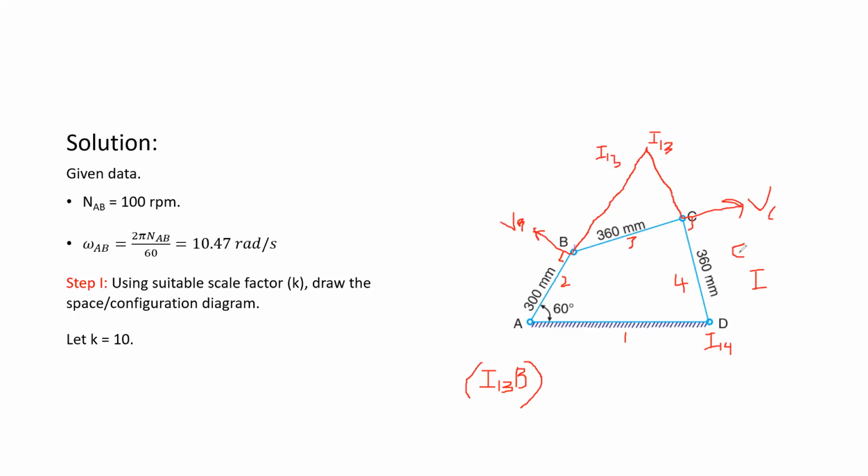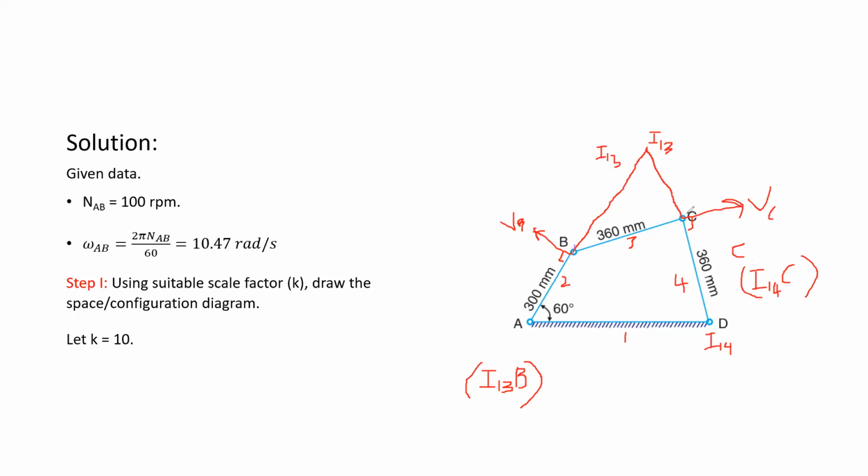So for point C, this is the center. The radius will be the distance from I14 to point C, and the velocity of point C will be perpendicular to this radius, means perpendicular to this line. So we got its direction.